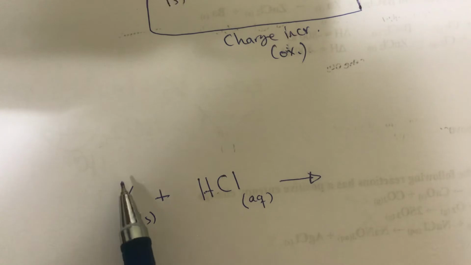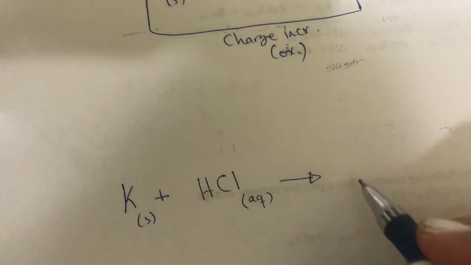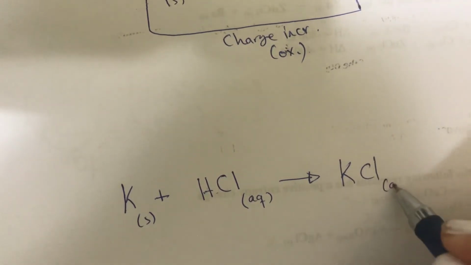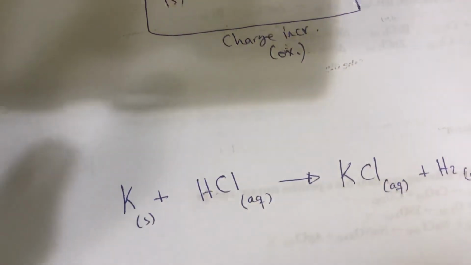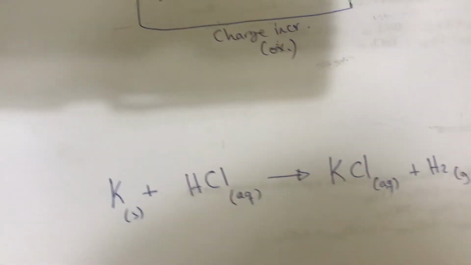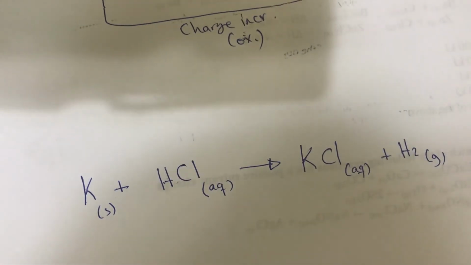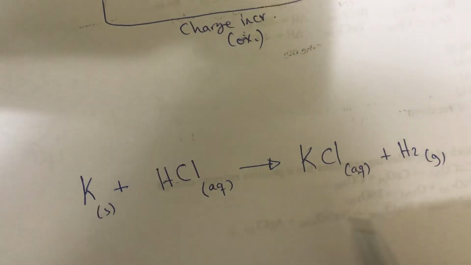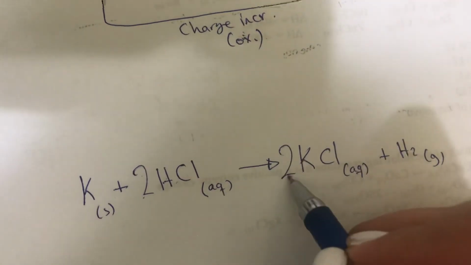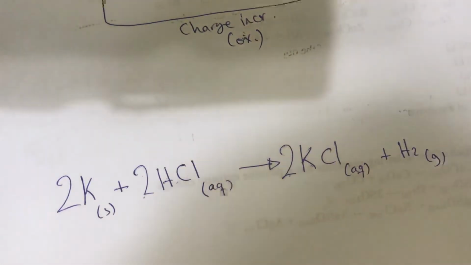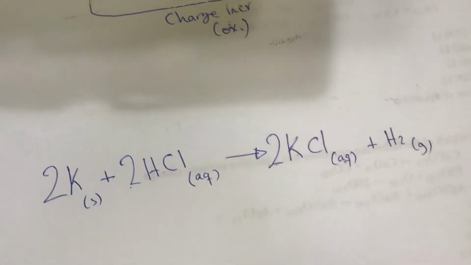So here potassium, a positive charge, will replace hydrogen. So potassium chloride and hydrogen gas. So you have to balance the equation. Here you have 2 hydrogen atoms, so here 2 chlorine, 2 and 2 potassium, 2. So now it's a balanced equation.